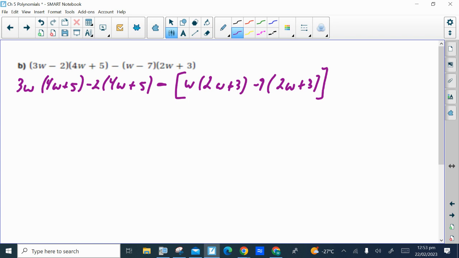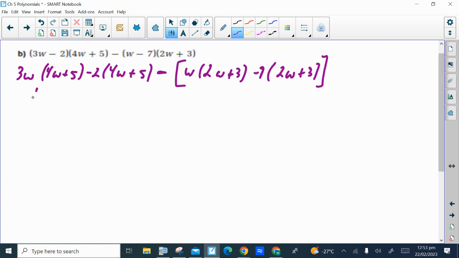So next I'll multiply everything out. So I'm keeping those big square brackets in place for now. Multiply out the next parts.